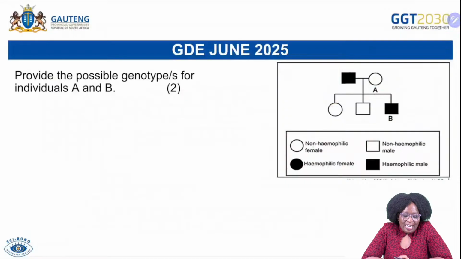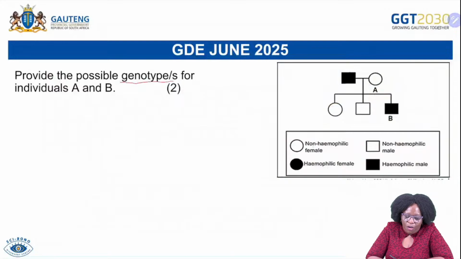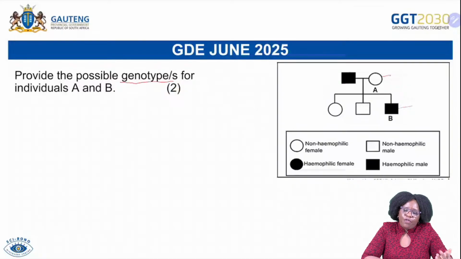The next question is, provide the possible genotypes for individual A and B. So this is our individual A and we are looking at individual B. The good thing is that when you answered the previous question, we engaged in looking at the genotypes in order to find out the females that were carriers for hemophilia.